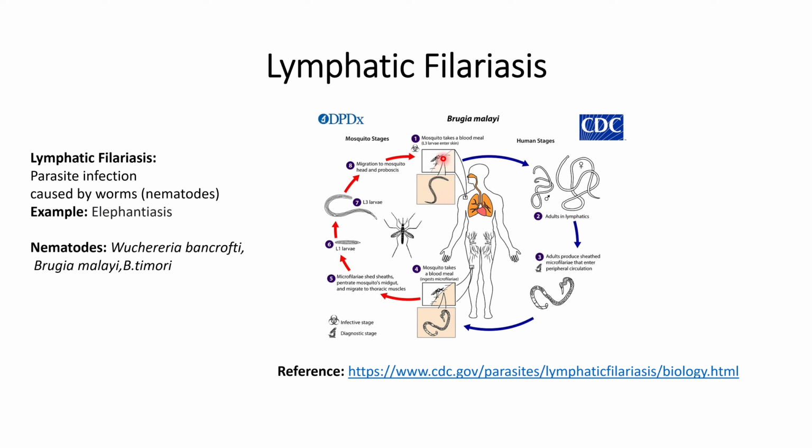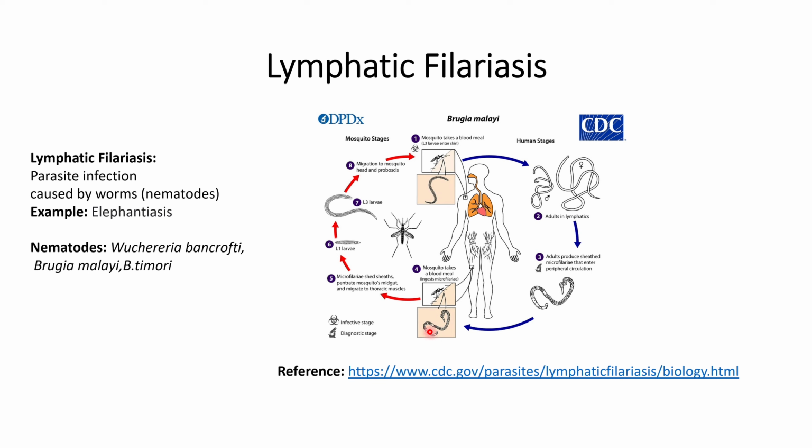When the mosquito that is infected with the larvae that cause lymphatic filariasis takes a blood meal from a person, it will inject the larvae into the human. The larvae will grow within the host and become adults, and then produce microfilariae that can enter the peripheral circulation, or circulation near the skin.